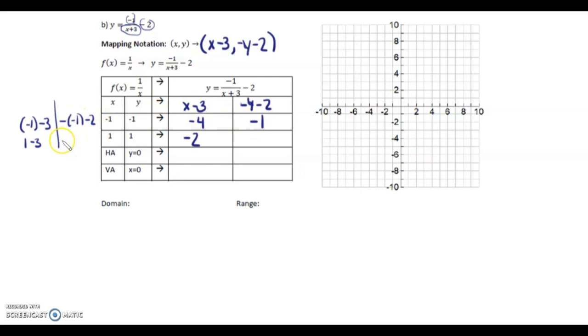And I get the negative of 1 minus 2, so I get -3. Now for the horizontal asymptote, our original horizontal asymptote is y equals 0. So our horizontal asymptote is just going to be the shift up or down. We know that we're going down 2. So our horizontal asymptote is now y equals -2.